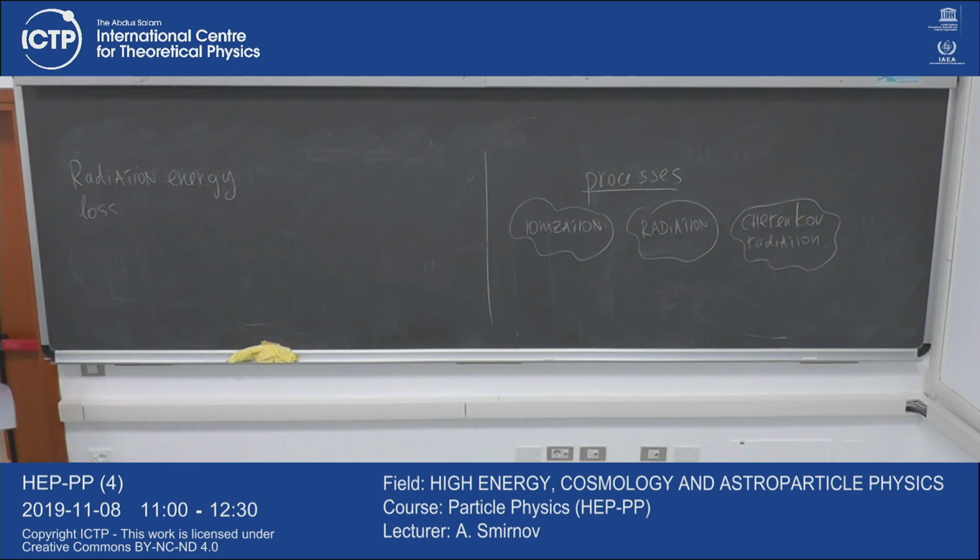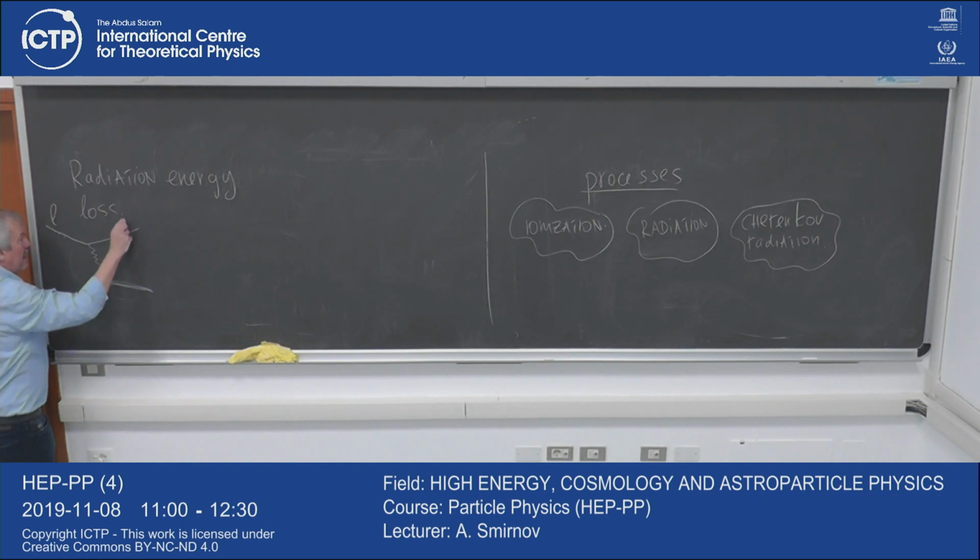So the process is like this. In the medium you have electrons and nuclei, charged particles, and then when you have an incoming particle, let me denote it as L, it interacts with the electric field produced by the particles of the medium, and then it emits a photon itself. It can also emit from the initial state.